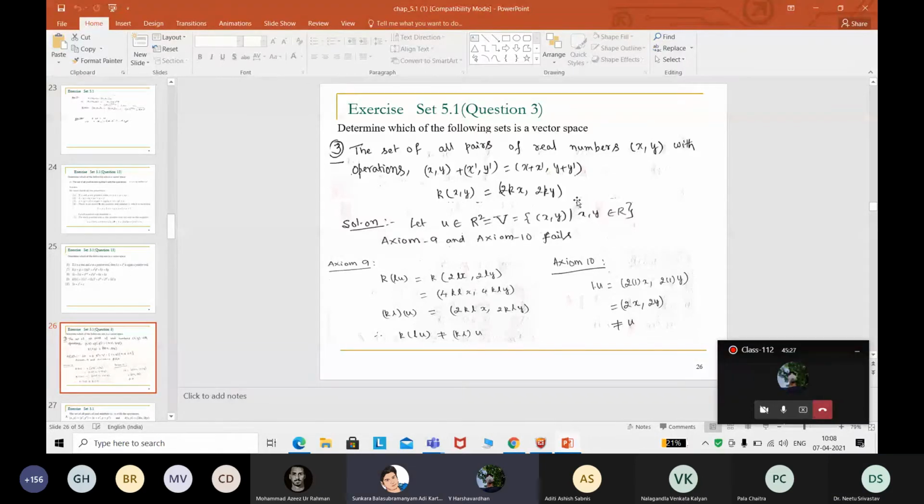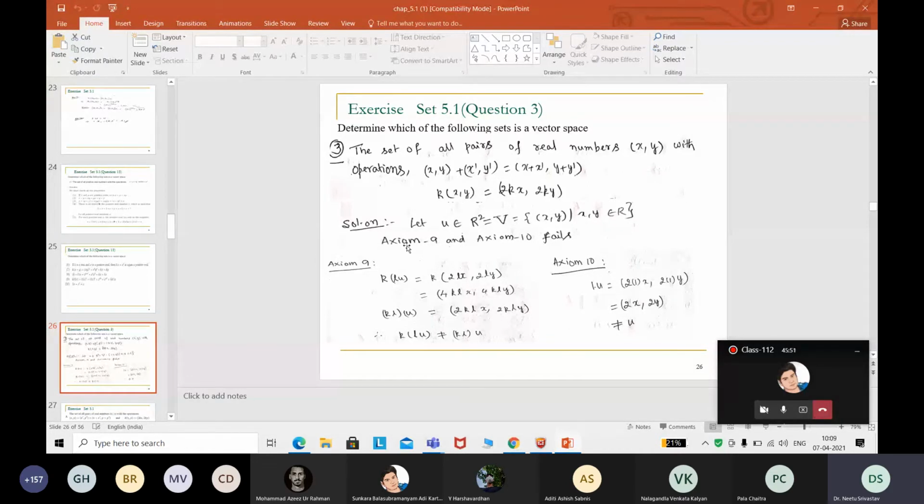Ma'am, how did the 4 come there in the axiom? 4 will come because once you are multiplying here, all 8 axioms, please verify. First you multiply L into U. So when you are multiplying L into U, U is x comma y. So multiply L into U, you will get 2Lx comma 2Ly, correct? Then you have to multiply k.